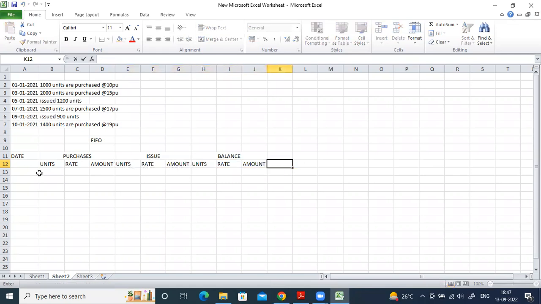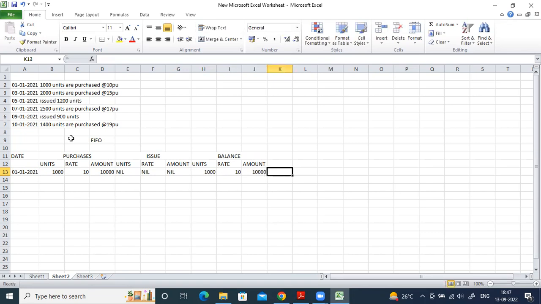On 1st January 2021, there is a purchase. How many units did we purchase? 1000 units, at a rate of 10 per unit. So the total amount will be 1000 into 10, 10,000. There will not be any issue on 1st January, so we show it as nil. And the balance: how many units do we have in our godown? 1000, rate 10, amount 10,000. I hope the first transaction is clear for all, guys.